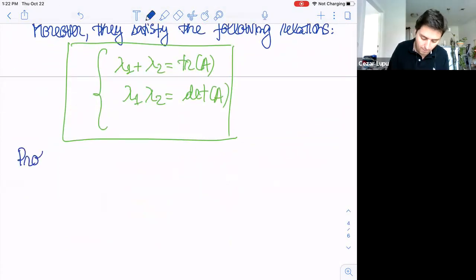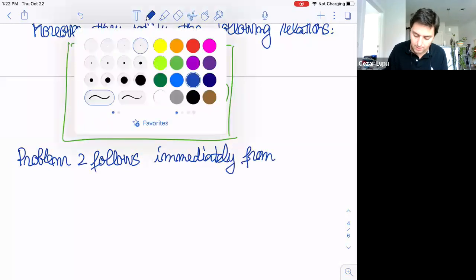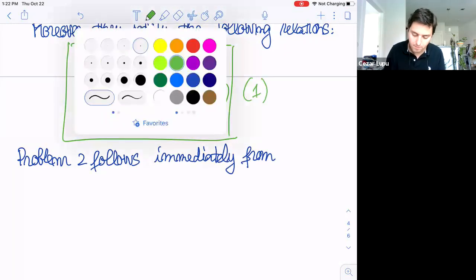So problem 2 follows immediately from this one.